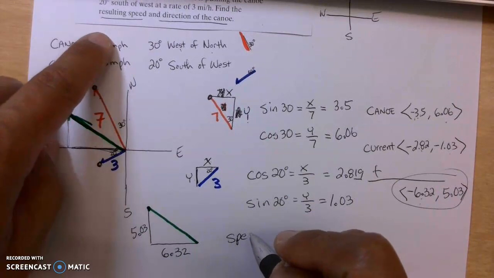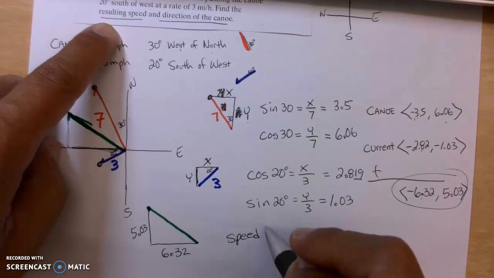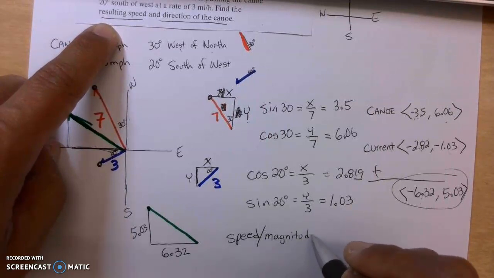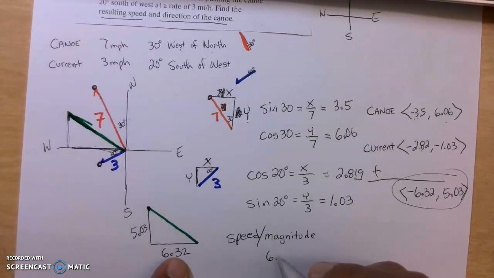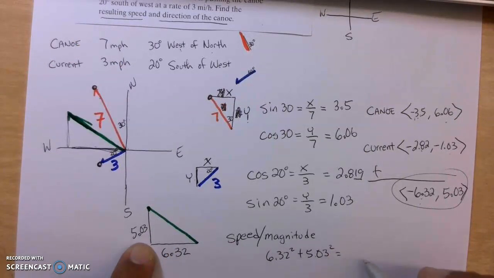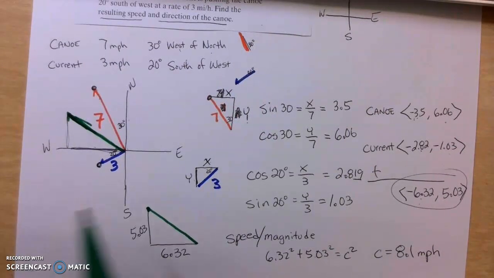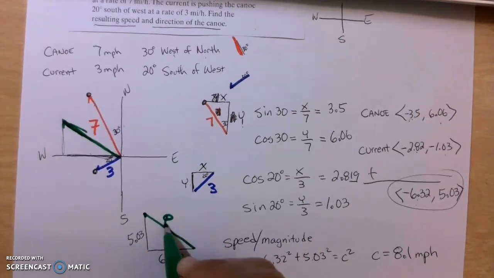This is the overall thing that we're trying to get to, which also is the magnitude. You'll notice the right triangle there. We're going to say a squared plus b squared is equal to c squared. Throw that in your calculator, and this will end up being 8.1 miles per hour.